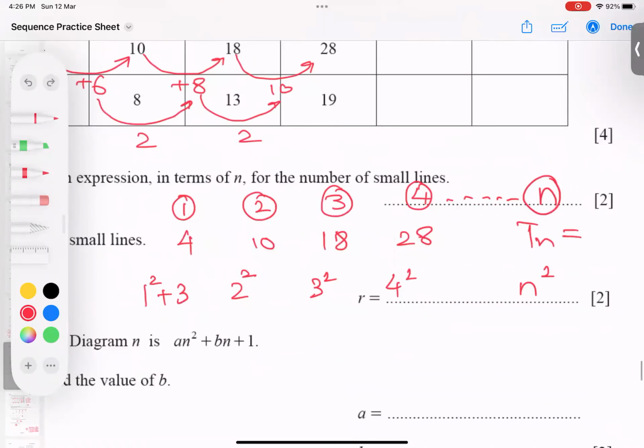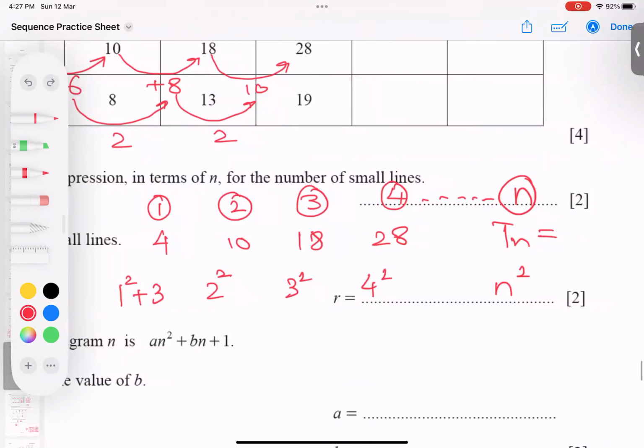Normally it matches. Okay, wait a minute please. It may be creating trouble. It is not matching this way, because if I add 2 square plus 3, it becomes 7.